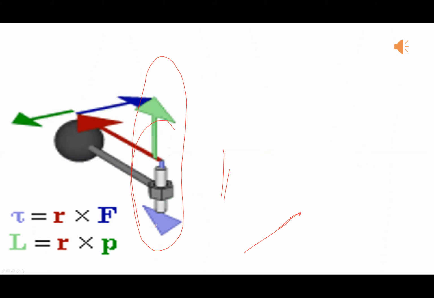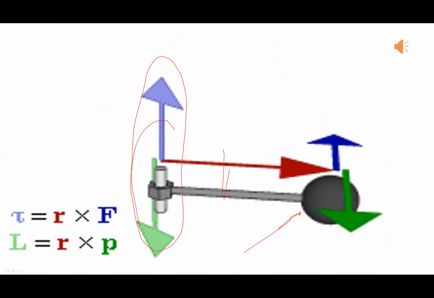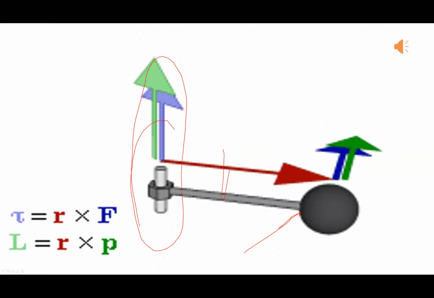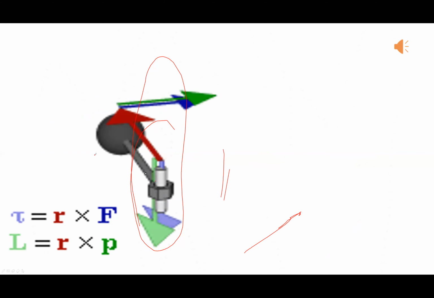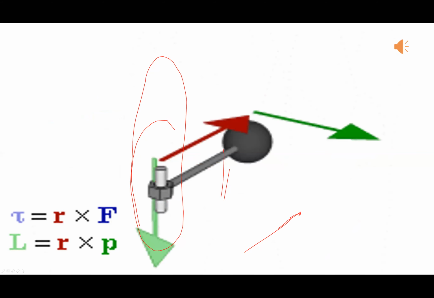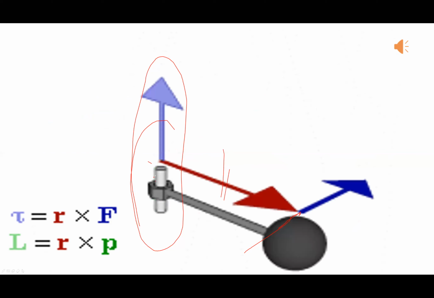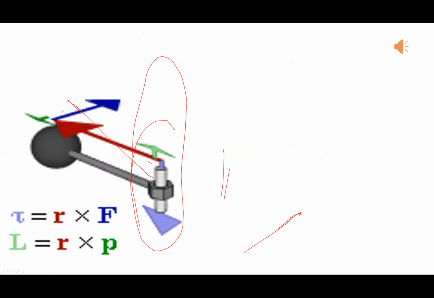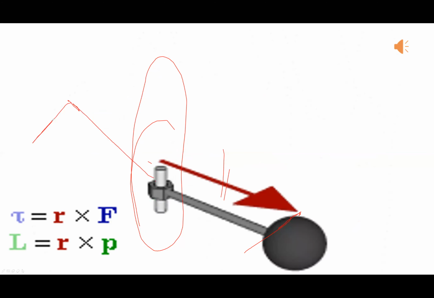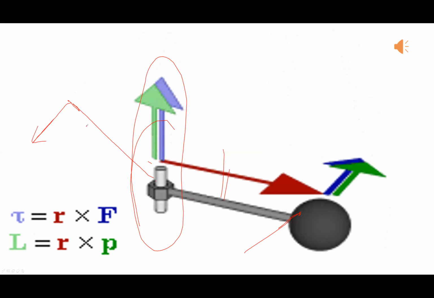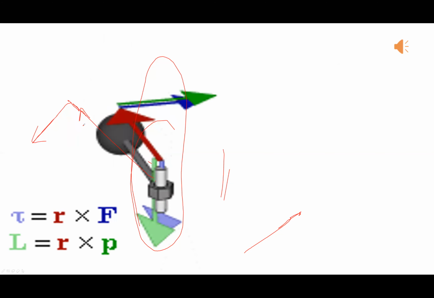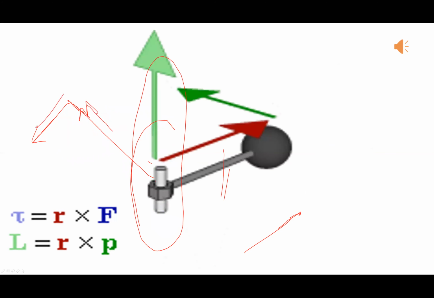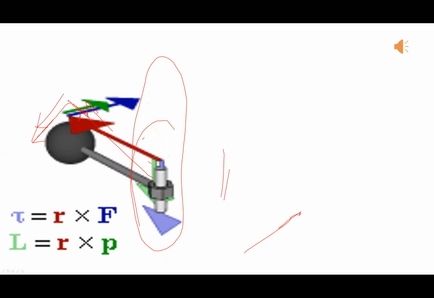So when the body is exactly at this position, the moment arm is in this direction, the force is in this direction, and torque will be in the upward direction.